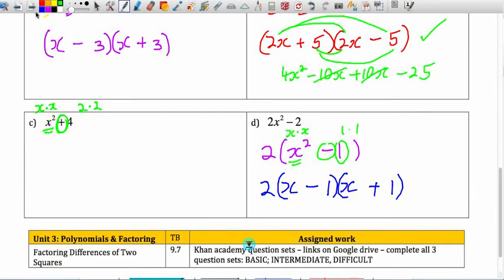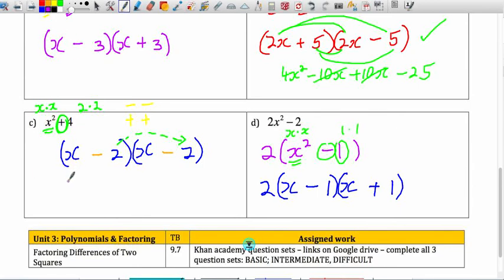Now what you will realize very quickly, if we try this in the same way we've done before, is if I use x and x, 2 and 2, the only way to ensure when I multiply 2 times 2 to get my plus 4 is to use either a plus times a plus or a minus times a minus. And I'm going to show you very quickly what happens if I use two minuses.